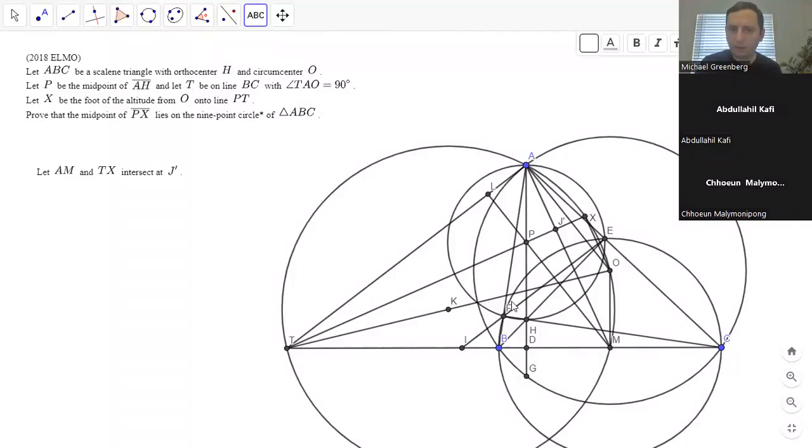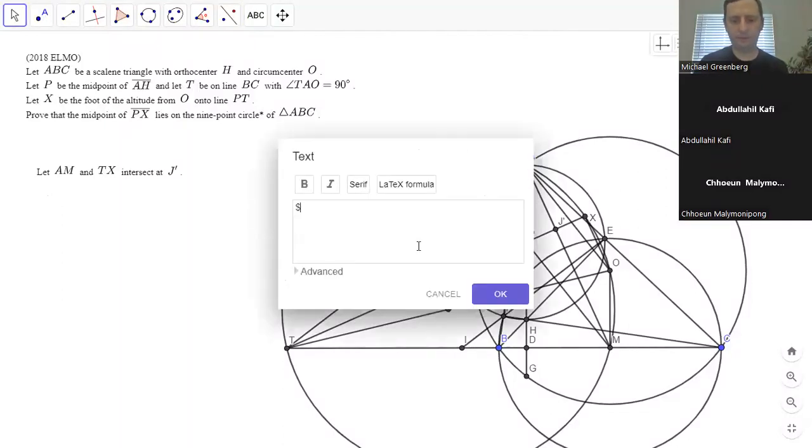And then angle XAT, so X is the perpendicular from O to PT. So angle OXT is OAT is OMT is 90.